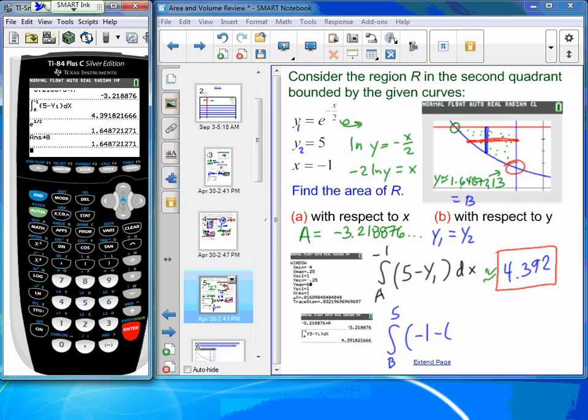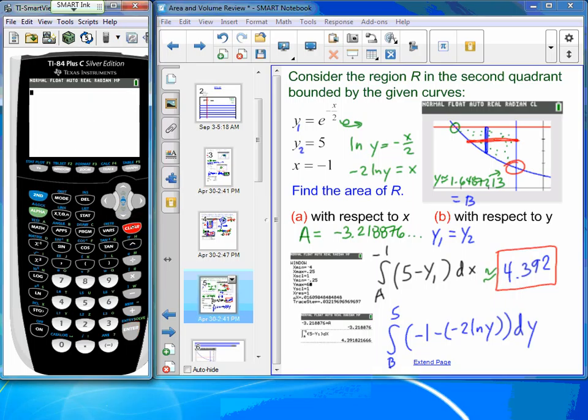Let's do it. So I get -2 ln y, dy. I don't have a y variable to integrate on my calculator the same way, but I'll just Math 9 it and use x and pretend that x is y. We should get the same exact thing, right? So here we go. Math 9. Lower limit, alpha b. Upper limit, 5.